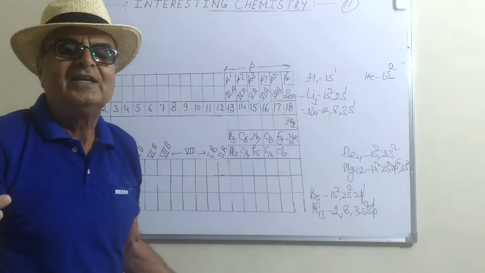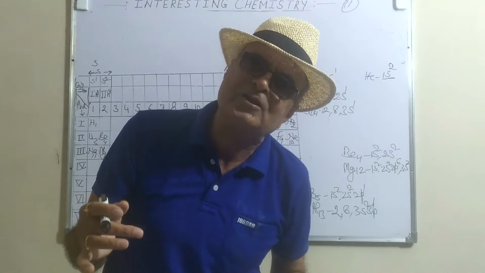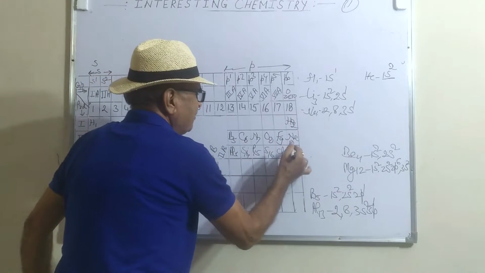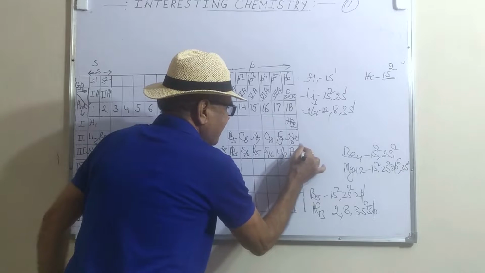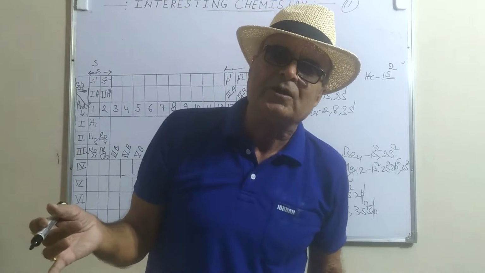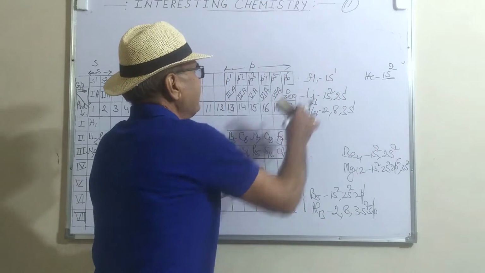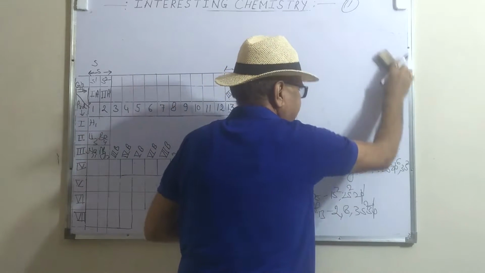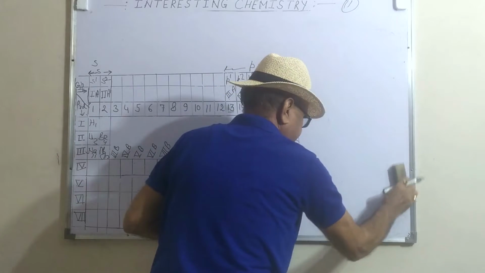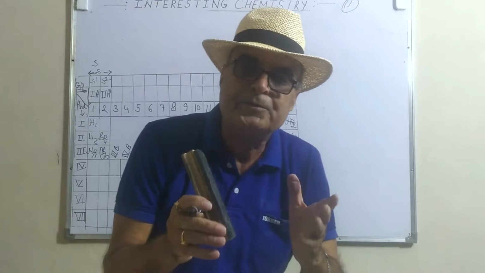So the electronic configuration of chlorine is 2, 8, 7, which means 3s2 3p5. Now argon is 18 number, and you will write here 2, 8, 8 and 3s2 3p6, so it will be p6. I think you have understood the electronic configuration of these 18 elements according to the periodic table.